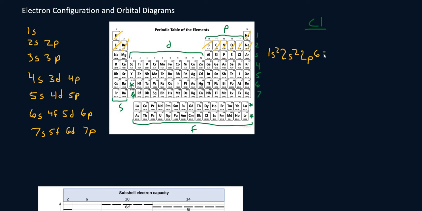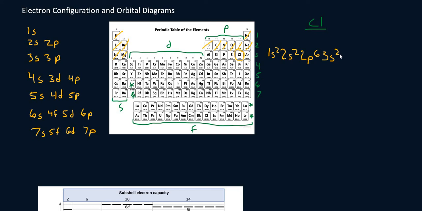Now we're going to come down to 3s. So 3s is going to be these two elements here. And keeping in mind the goal is chlorine, you're basically just going through every single element up to chlorine, filling the electrons for every element up to chlorine.